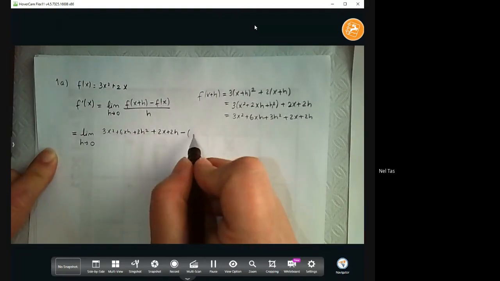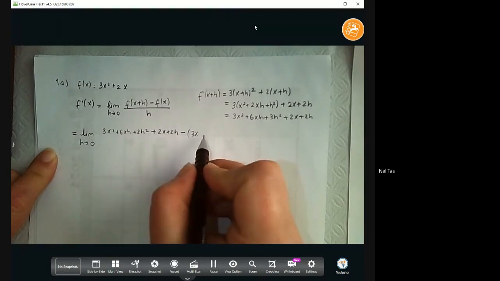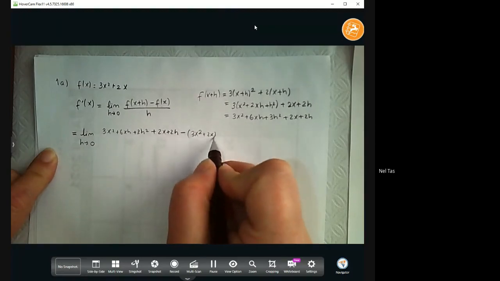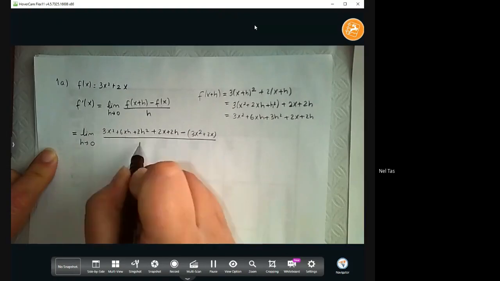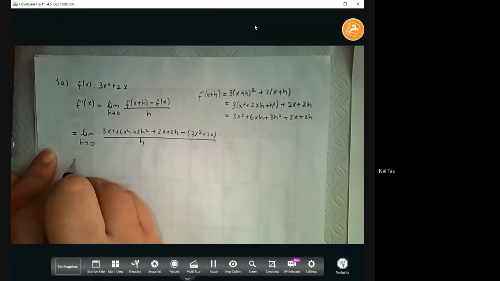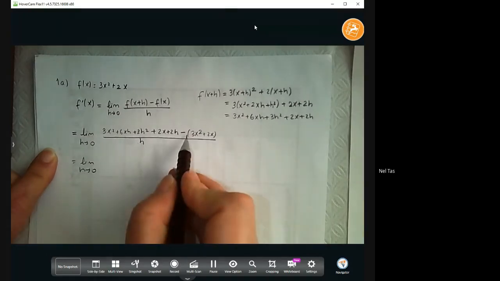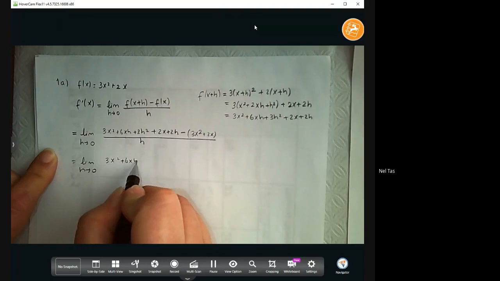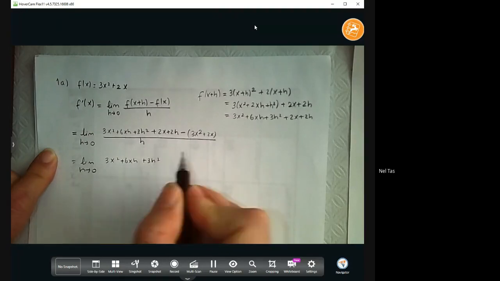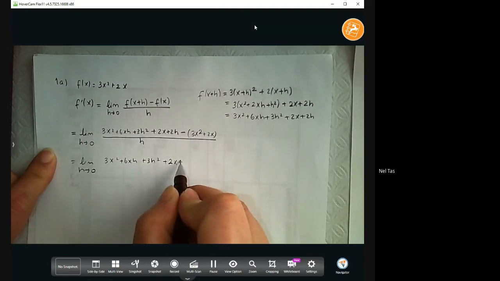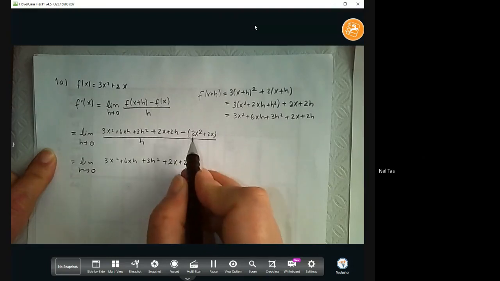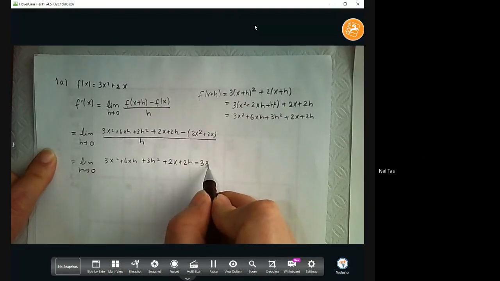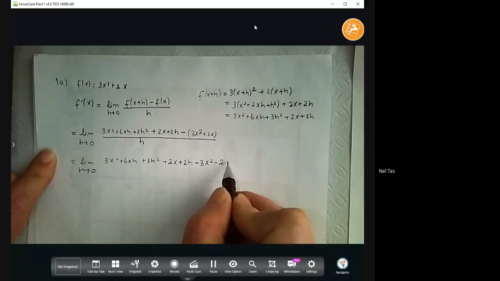Make sure you use brackets because you will have to distribute that negative sign in the bracket. Okay, so let's do that. So 3x squared plus 6xh plus 3h squared plus 2x plus 2h, minus 3x squared minus 2x.